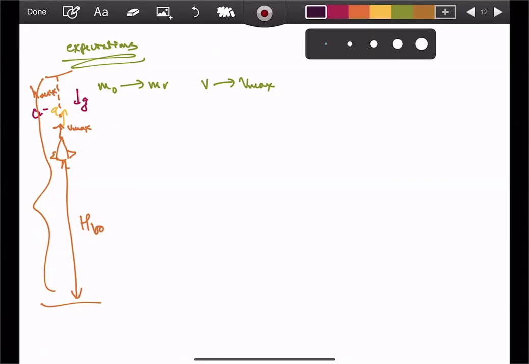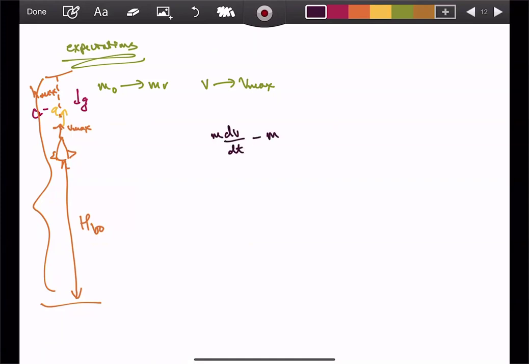So again, now we know we have what? So we have m dv/dt minus m alpha, or sorry, not m alpha. So this is v expulsion alpha, there we go, is then equal to minus mg. Now, let's solve this guy. Now for the velocity, let's do it in stages.